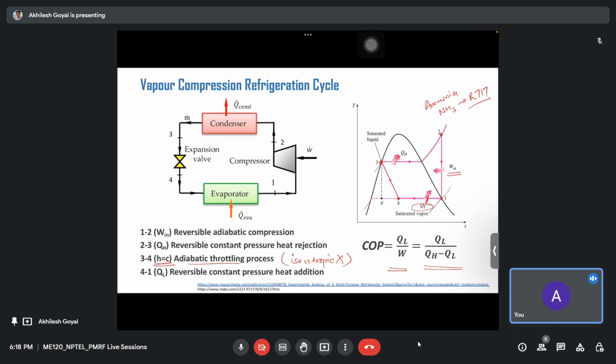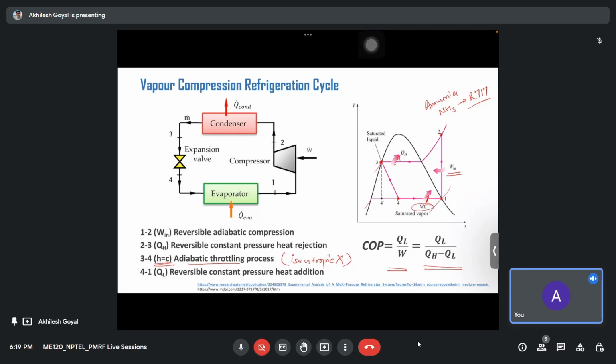Ammonia is low cost and results in high COP, there is no effect on the ozone layer, and it has a smell, so it can be detected in case of leakage. But the issue is that ammonia is poisonous, so it is not used in domestic refrigerators, but it is used in commercial applications. So this is the basics of the vapor compression cycle and the refrigerants.